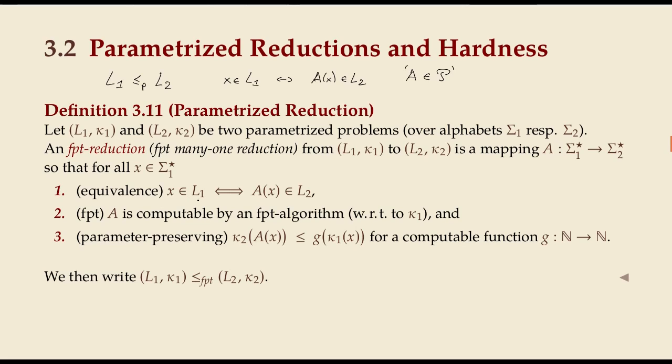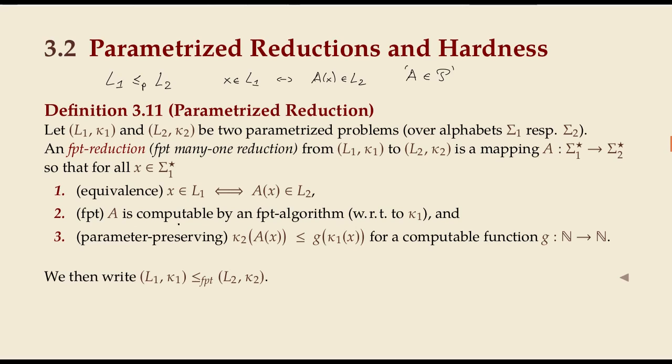First of all, whenever the one we're given is in the original language, the transformed should be in the language. That's exactly the same as here, and certainly something we want for a reduction. Then A has to be computable in a certain bound. Now requiring polytime here would not be fair in a sense, or would not give the results that we like, because if the parameter of the input is large, then we shouldn't request polytime here.